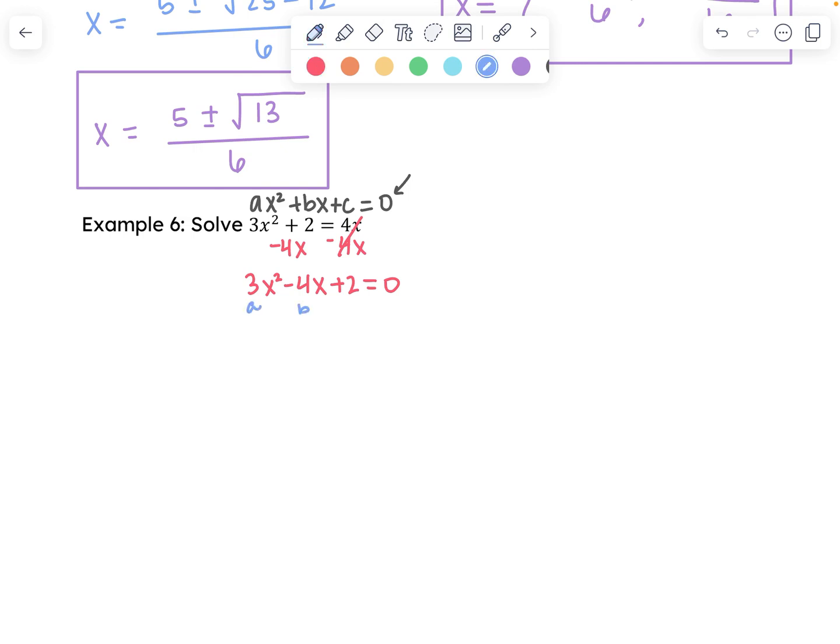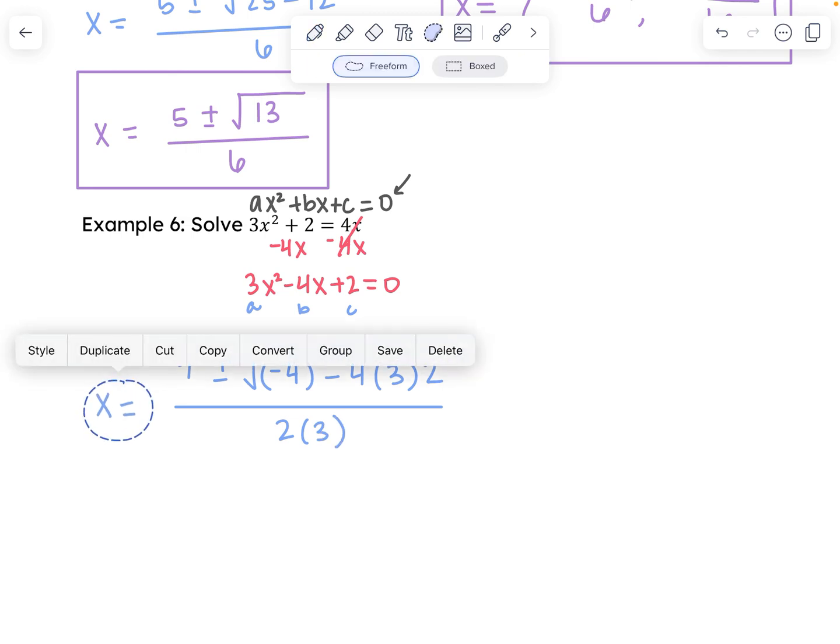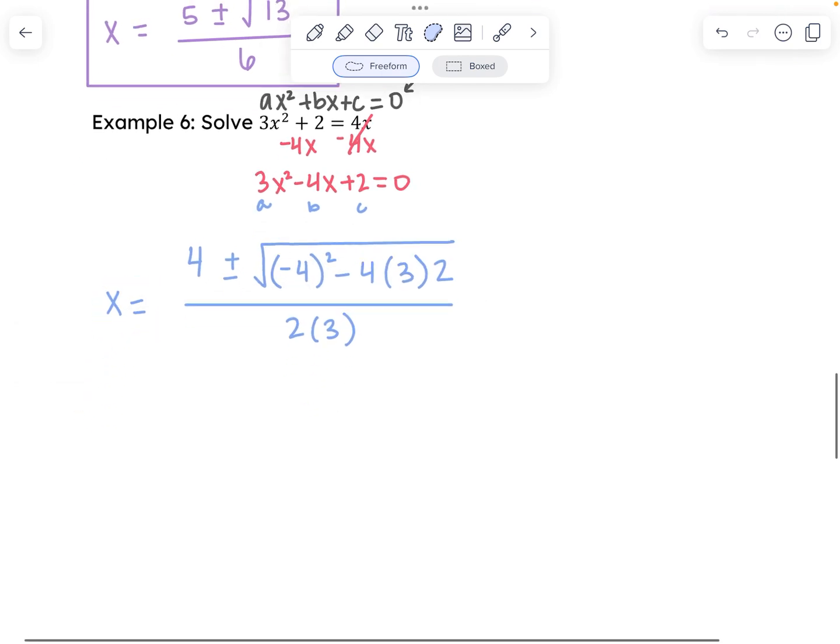Now we have our a, our b, and our c. So x equals, negative b is going to be 4, plus or minus the square root of b squared, so negative 4 squared, minus 4 times a, so 3, times c, so 2, all over 2 times a, which is 3. Okay, let's start cleaning it up a little bit.